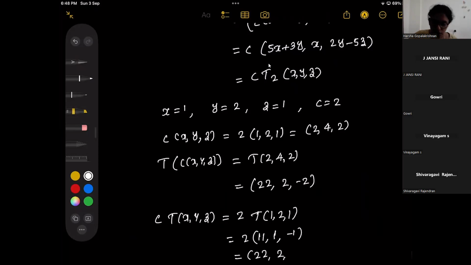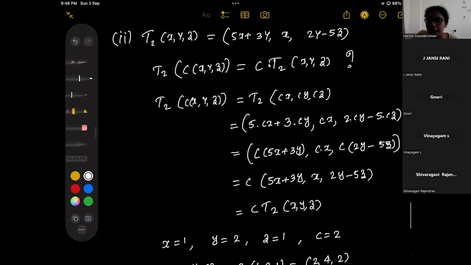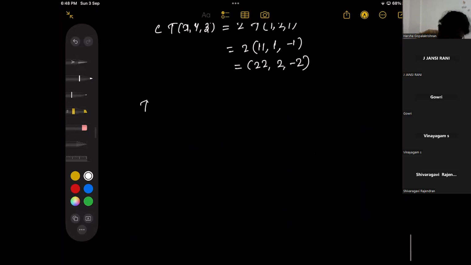Okay, the only thing is, if the terms are all linear, obviously it will be a linear transformation. Here we have proved it in general, taking the C outside step by step, and this condition is satisfied. Now let us quickly go through the second condition also.